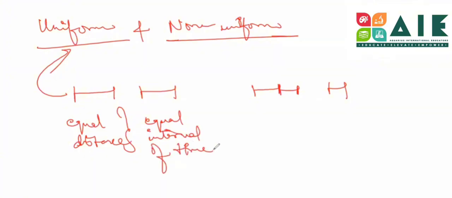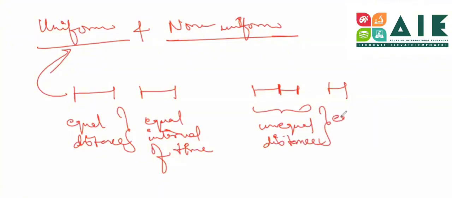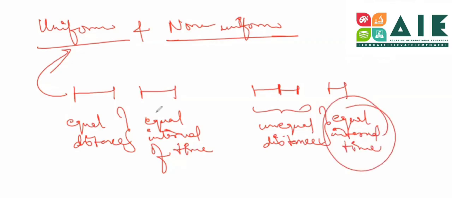Here, unequal distance in equal interval of time again. Your time is an independent quantity, hence you measure every time within a given time. The time period should be fixed for you.